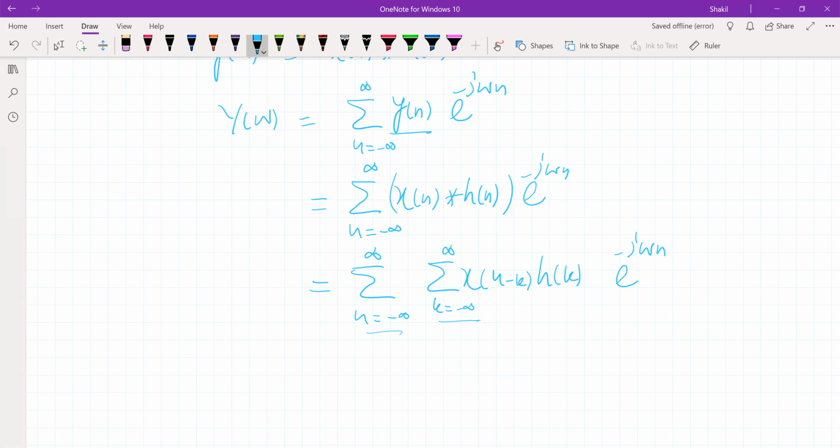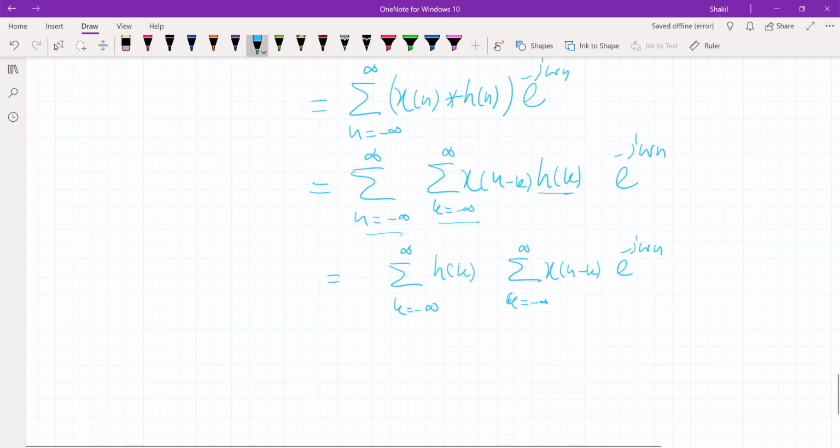So let me rearrange the summations. First I will write the one that varies with respect to k, and you can see h of k is independent of the summation over n, so we can take h of k outside. Then we can write the summation over n of x of n minus k e to the power of minus j omega n.